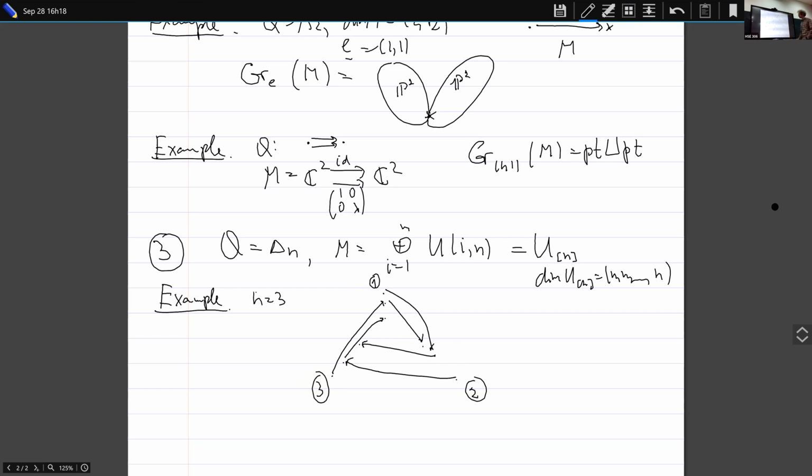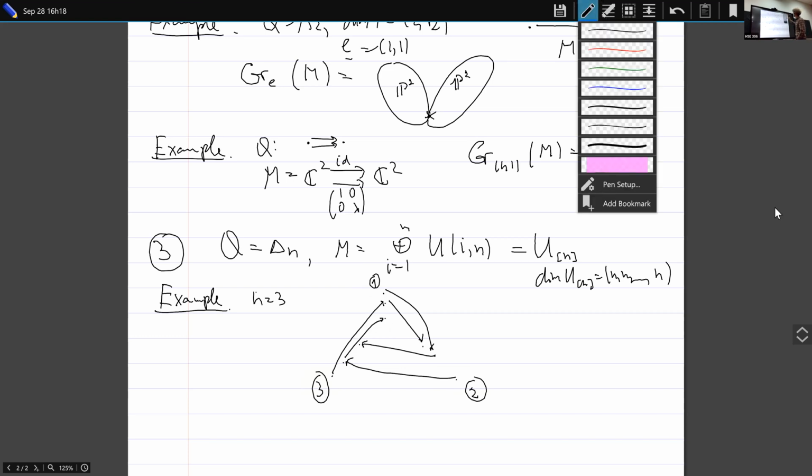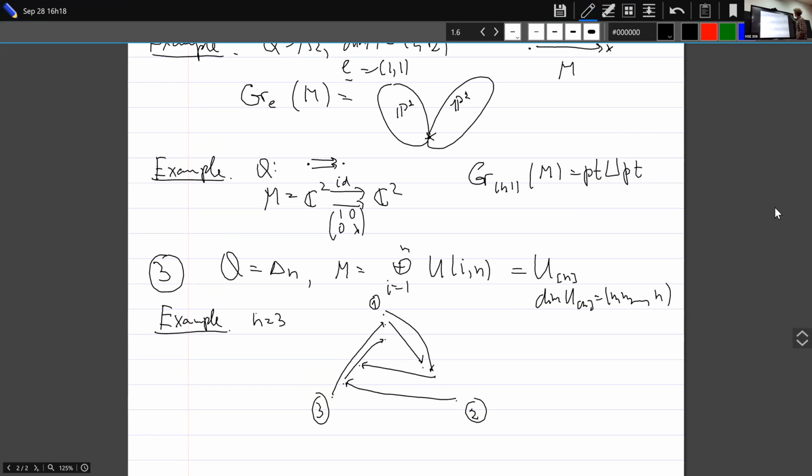So we have 3-dimensional spaces corresponding to each vertex. This is one 3-dimensional space, this is another 3-dimensional space, and this is yet one more.